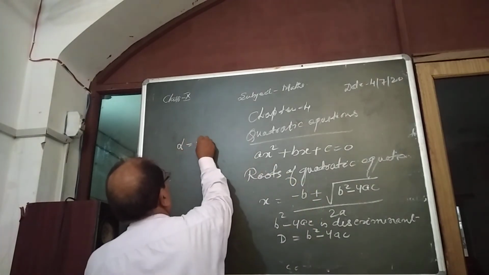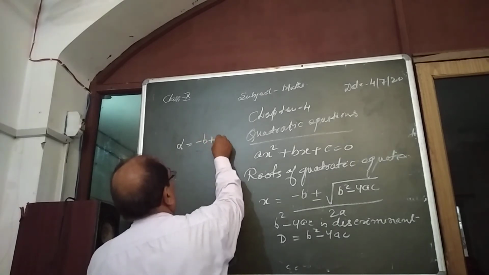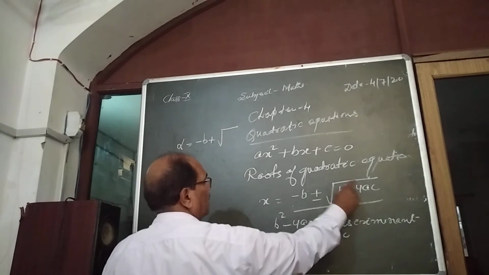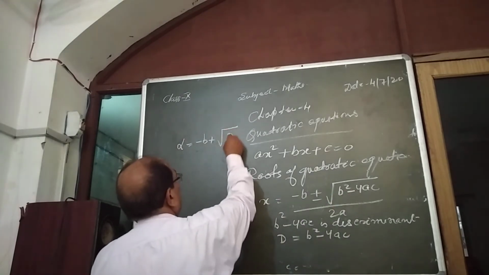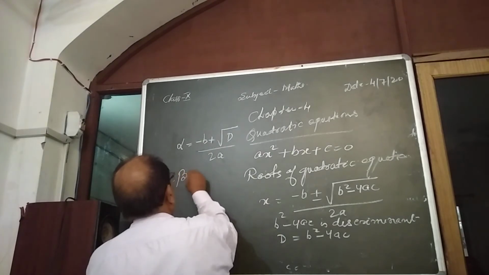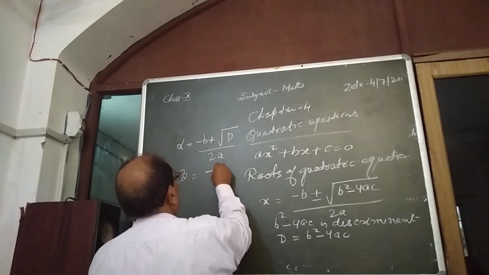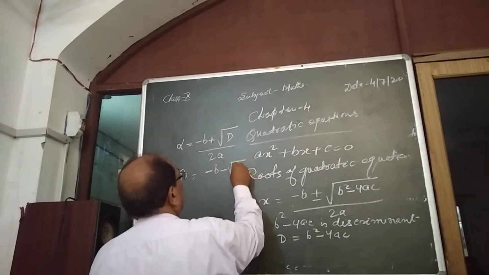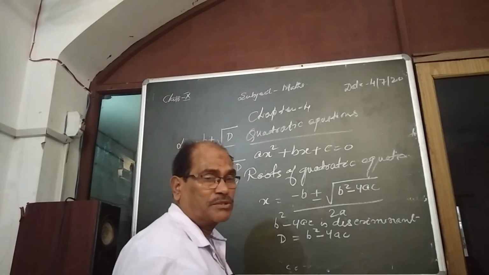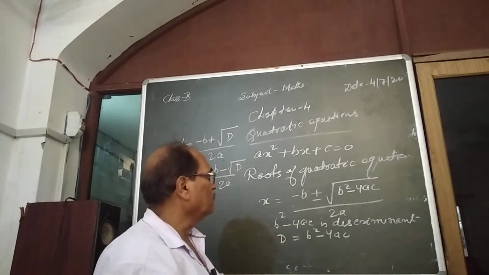Alpha equal to minus b plus under root b square minus 4ac, so instead of b square minus 4ac we will denote it with D, by 2a. Beta equal to minus b minus under root D by 2a. These are the roots of the quadratic equation. There are 2 roots, alpha and beta.